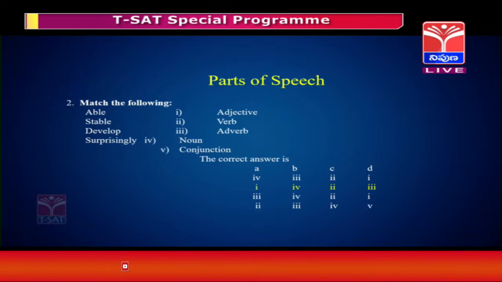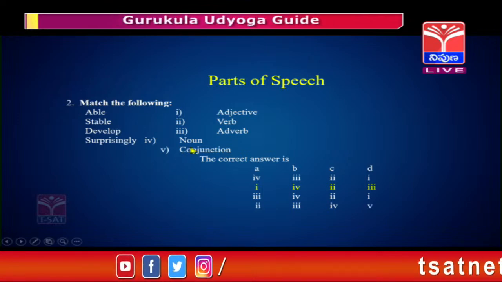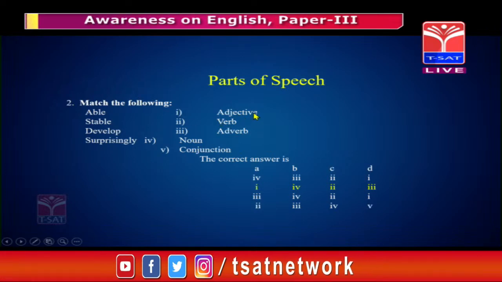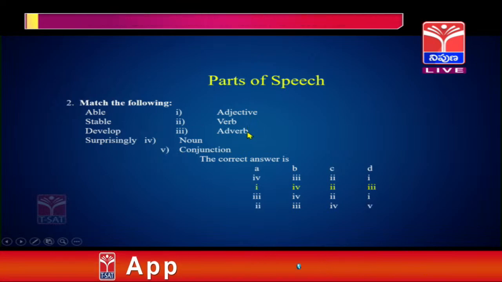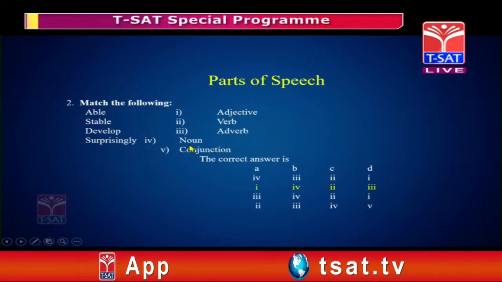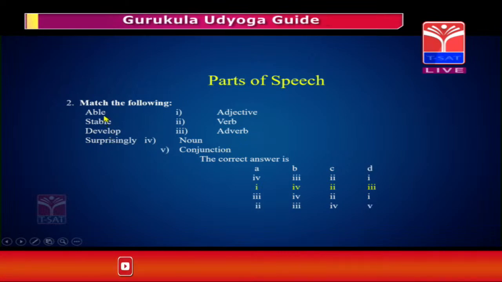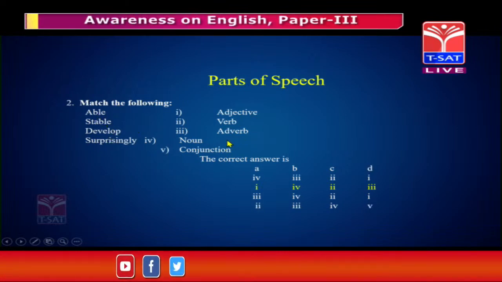If you can see develop, where it is matching, it is a little confusing. If we do not know what kind of parts of speech it is, we have under the second column adjective, verb, adverb and noun, and then conjunction. So we do not know what this particular word's parts of speech is.